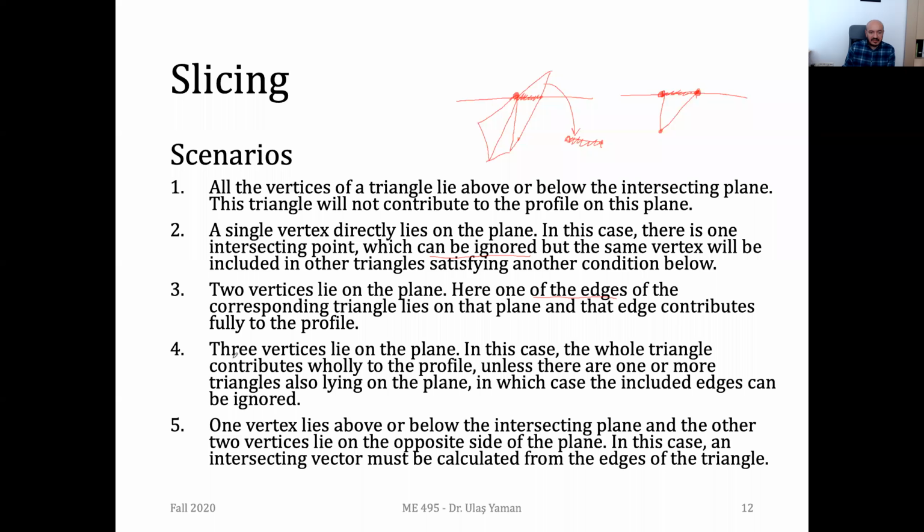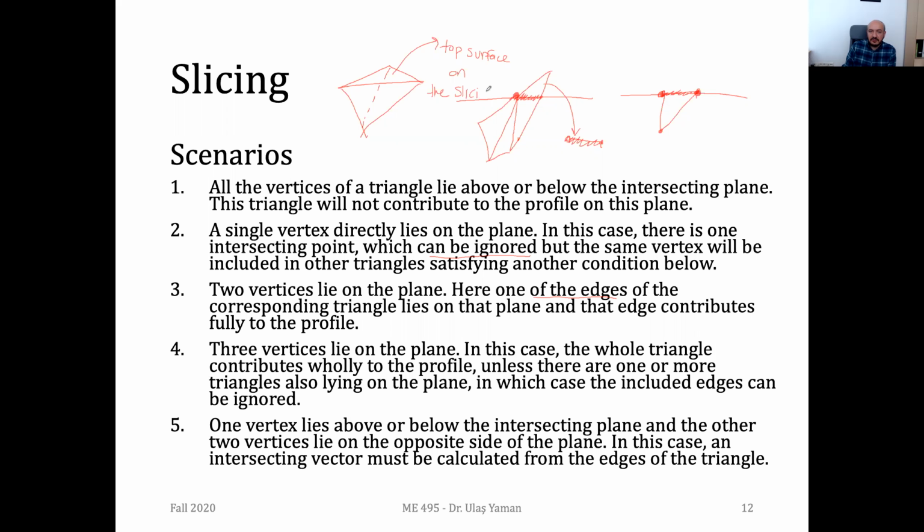And then let's have a look at the other case. It says that there might be some situations where three vertices lie on the same plane, the slicing plane. This is a very rare case. Assume that you have a kind of tetrahedron like this one. As you see, we have four surfaces, and we are saying that this top surface is on the slicing plane.